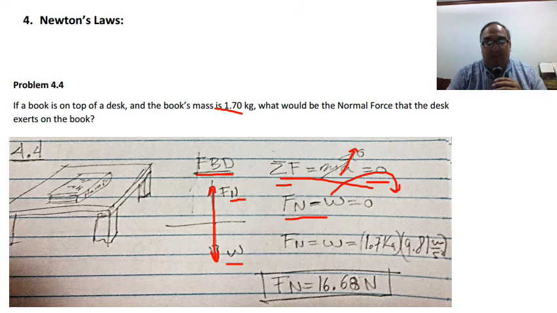So we realize that the normal force is going to be equal to the weight. And the weight, we know that it's mass times gravity, which is 1.7 times 9.81. And the normal force is going to be 16.68 newtons. Let's go to the next one.